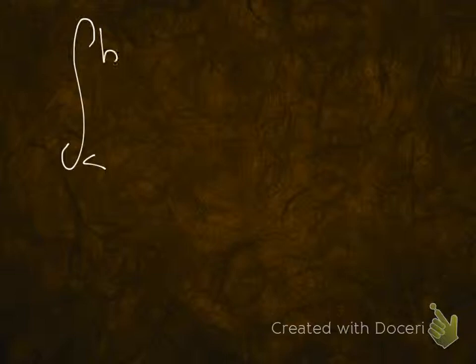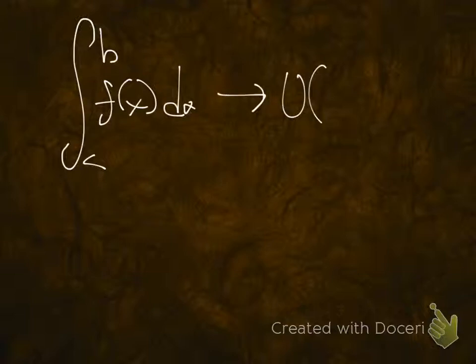So if we have the integral of some function over a to b, then we're going to get the value of our area. And so this is totally not what we need, because remember, definite integrals spit out values, whereas indefinite integrals take in functions and spit back out functions. So that's the beauty of that.